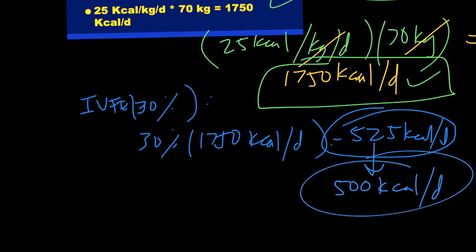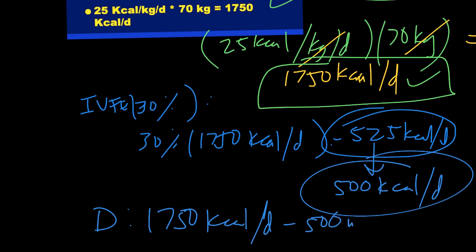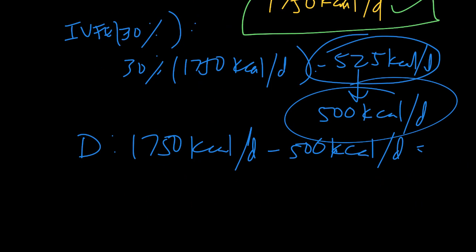500 kcals per day. So your dextrose is your total minus your lipids, because there are only two components to your total calories according to this recommendation. So that's 1250.